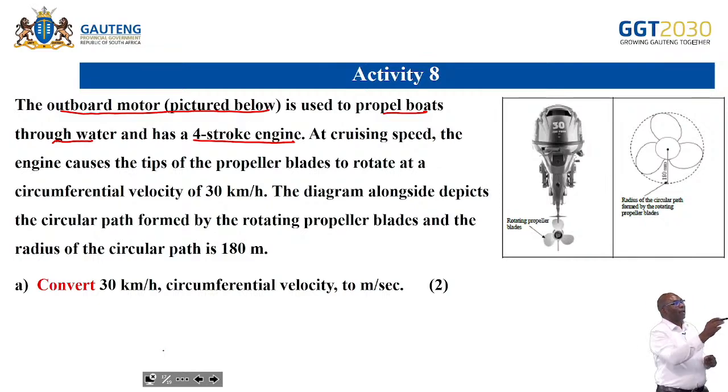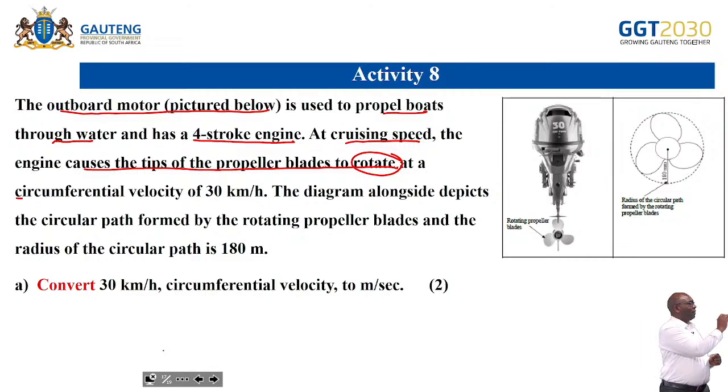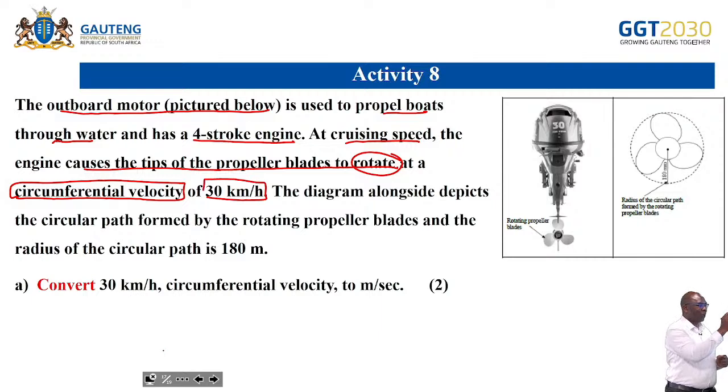Right? At a cruising speed, the engine causes tips of the propeller blades to rotate at a circumferential velocity, see, this is where my information is, of 30 kilometers per hour.